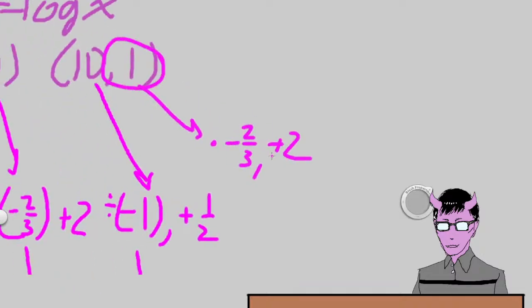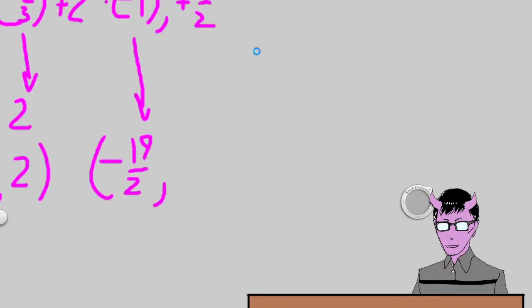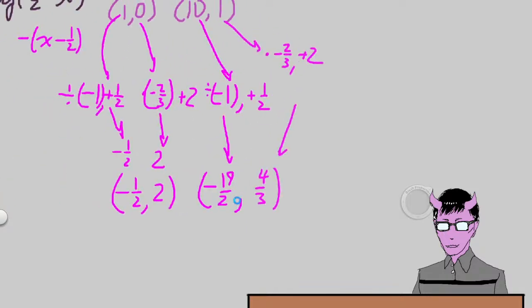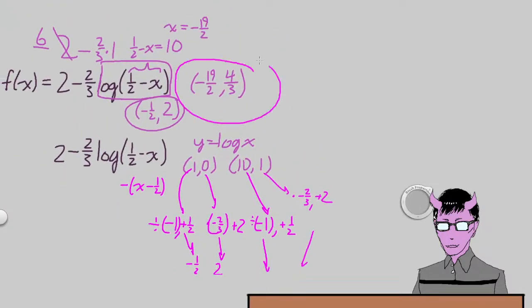Times negative 2/3 is negative 2/3, and then plus 2 is plus 6 over 3, which is positive 4/3. And there we go, that will match what we have from before.